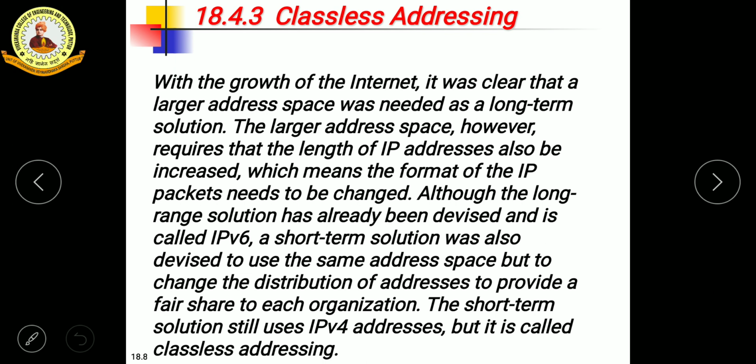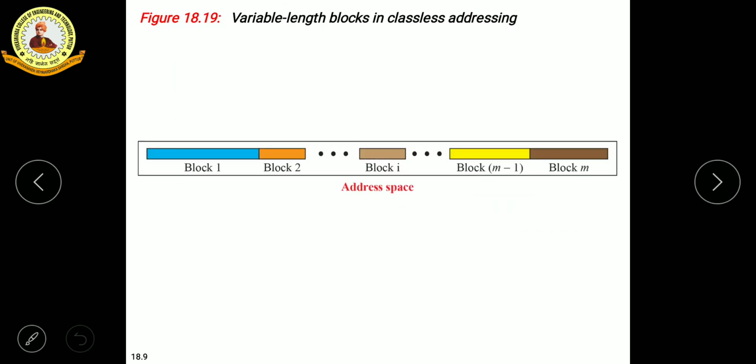Theoretically we can have a block of 2 raised to 0 to 2 raised to 32 addresses. One of the restrictions, as we discuss later, is that the number of addresses in a block needs to be a power of 2. You can see from the figure how variable length blocks in classless addressing look.